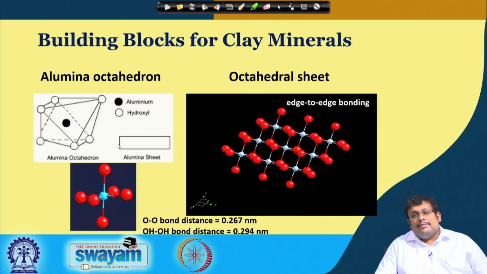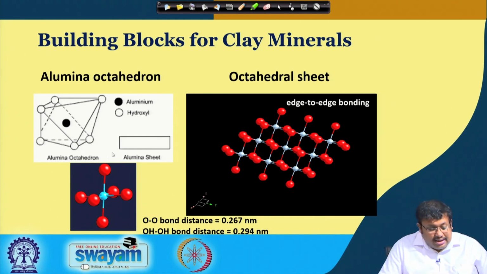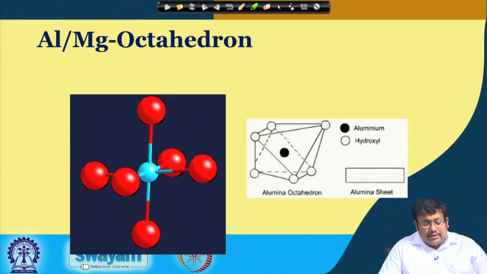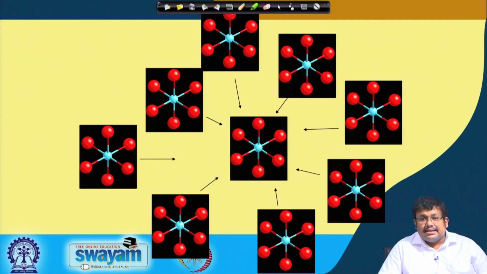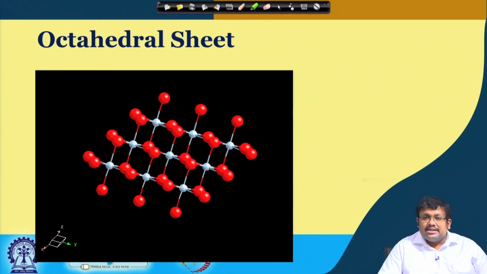Similarly, in the case of aluminum octahedra, you know that an aluminum octahedron is basically composed of aluminum at the center surrounded by 6 hydroxyl anions forming an octahedral shape. When these octahedra share their edges, they form the octahedral sheet. This is a single aluminum or magnesium octahedron, and when they share their edges, they form this structure called the octahedral sheet.